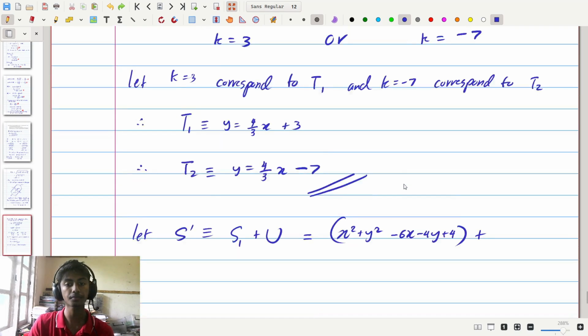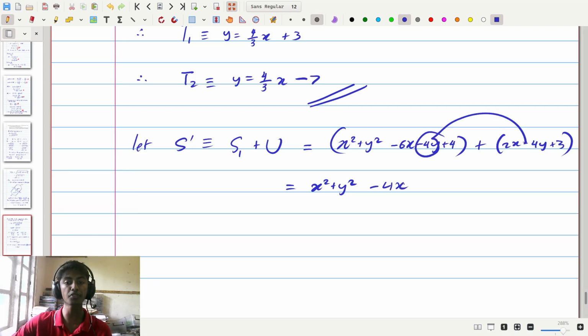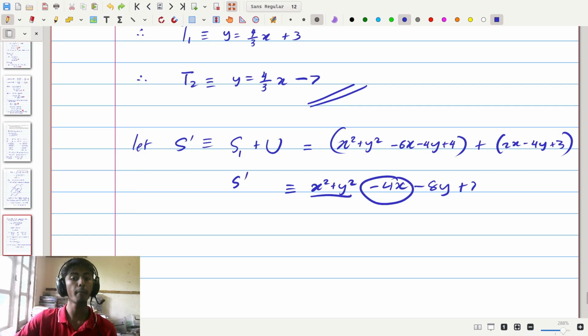So plus 2x minus 4y plus 3, which is going to be equal to x squared plus y squared, and then considering x terms, we have minus 6x and plus 2x for a total of minus 4x, and then minus 4y and minus 4y for a total of minus 8y, and 3 and 4 for a total of 7, so plus 7. So therefore s dash is given by x squared plus y squared minus 4x minus 8y plus 7.